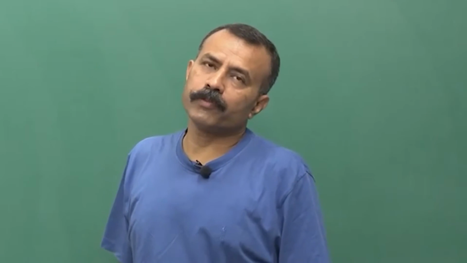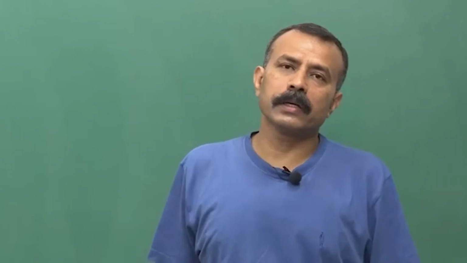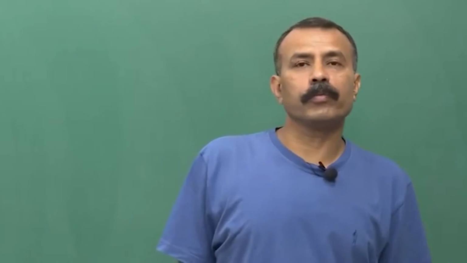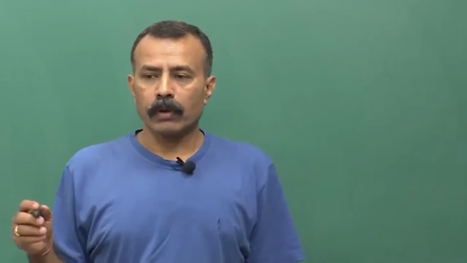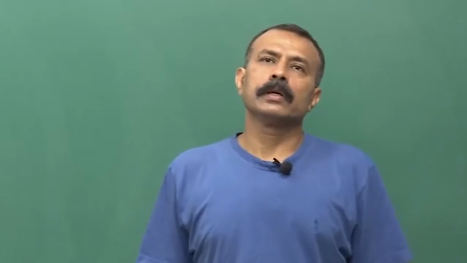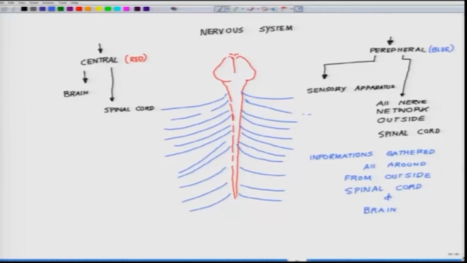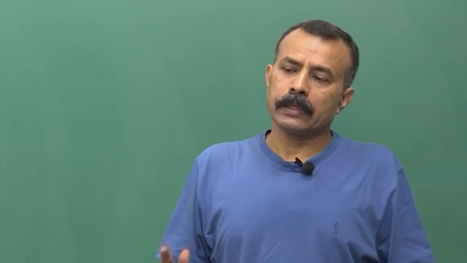It could be visual information, it could be sensory touch information, it could be smell information, it could be thermal information, it could be pressure information, it could be information of saying there is a lot of acid in a particular place, okay, acid sensors. There is a series of such sensors which are present in your body. These informations are carried to the central nervous system.